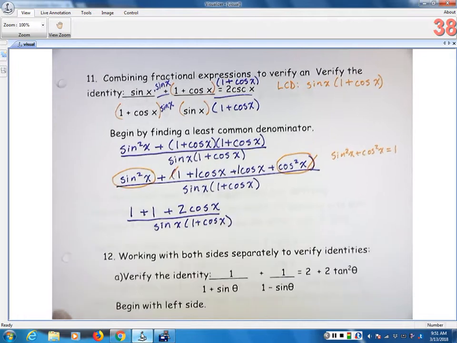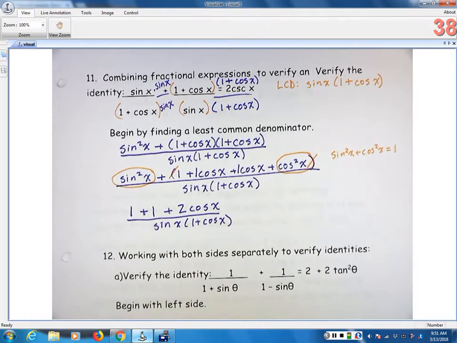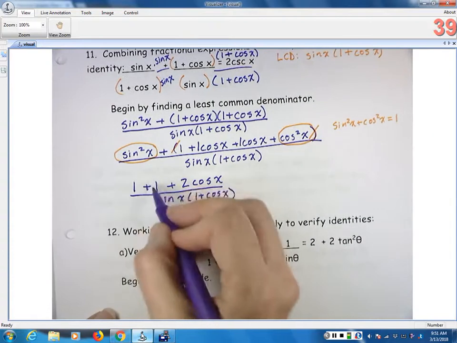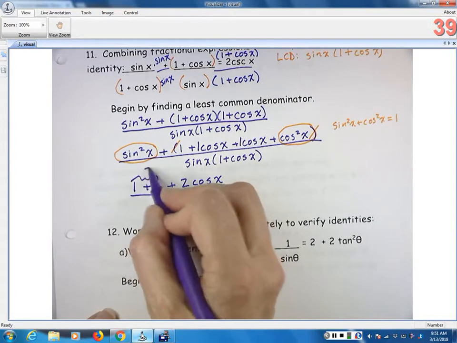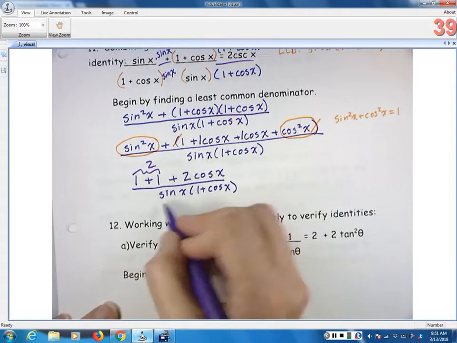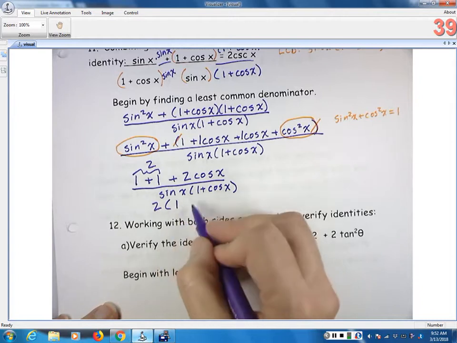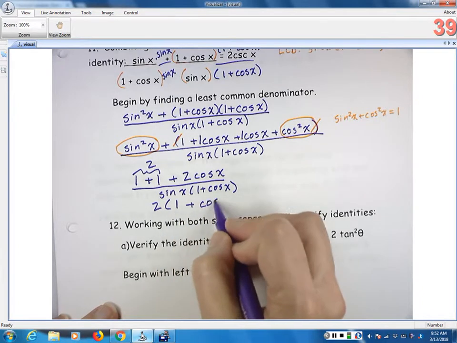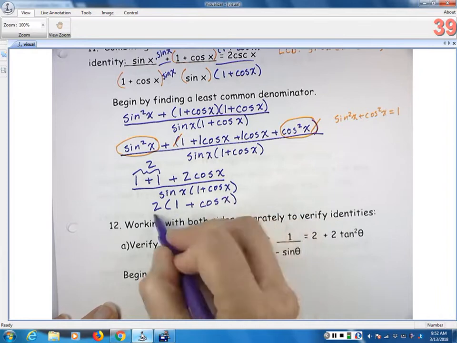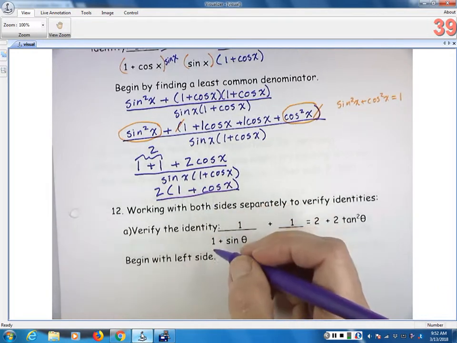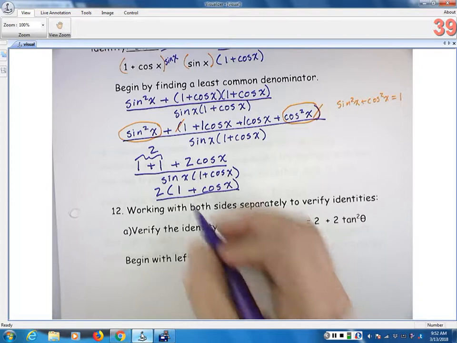It looks like I didn't finish it on my notes. Okay. Add this together. This is 2. Factor the 2 out. Remember, you're left with 1 plus cosine x. And that's divided by sine x.